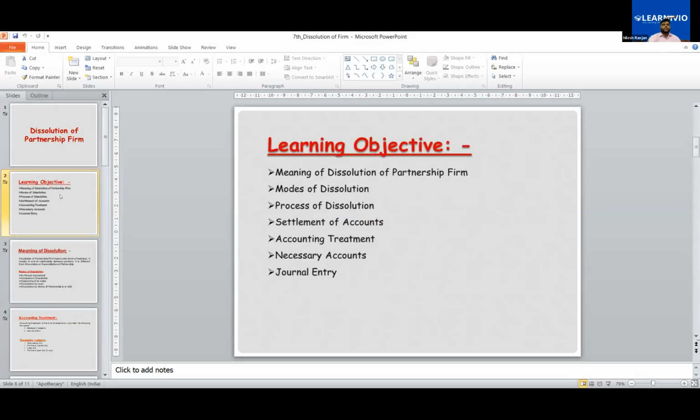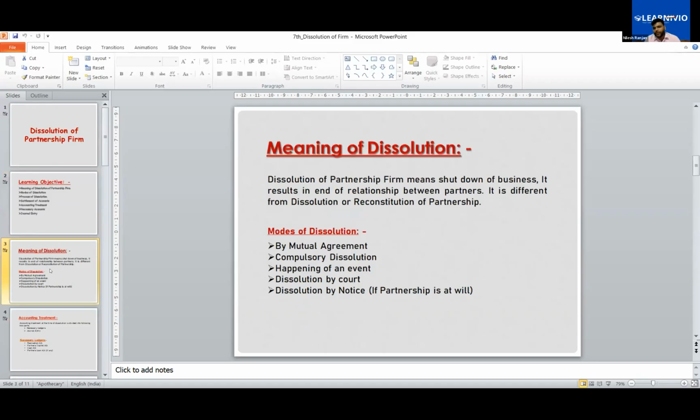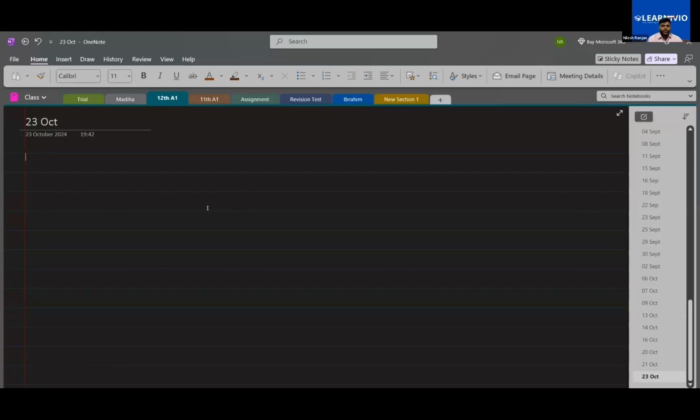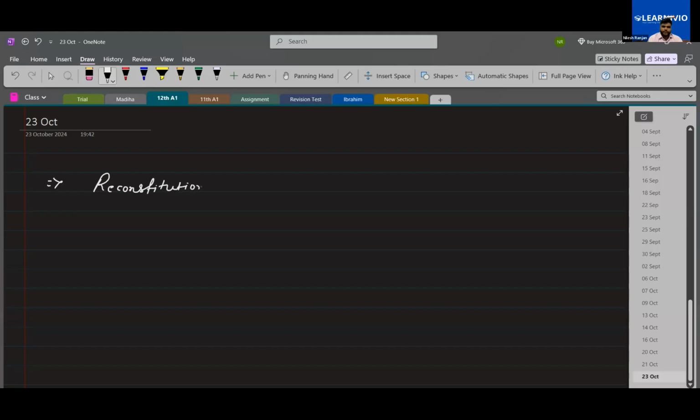So first of all, meaning of dissolution of partnership firm. Before understanding this one, I told you that there is a concept of reconstitution of partnership.